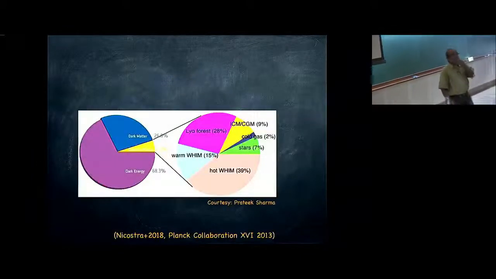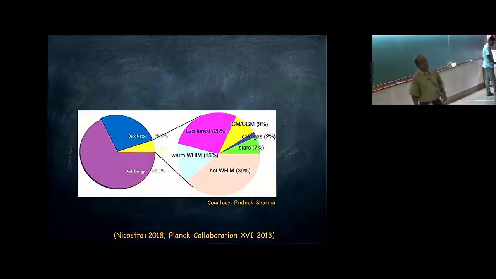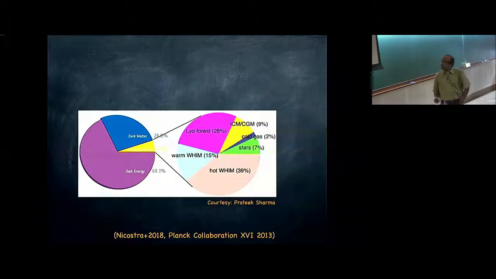If we look at the inventory of matter energy density in the universe, we find that just about 5% of it is in the form of baryons. But within that, a large fraction, about 90% of it, is in the form of diffuse gas.